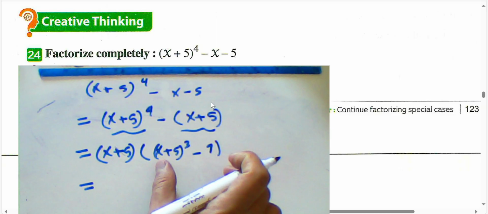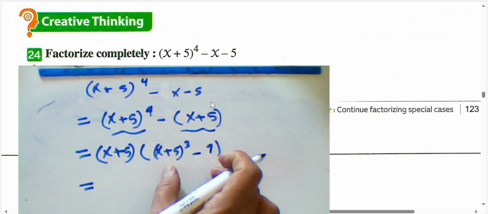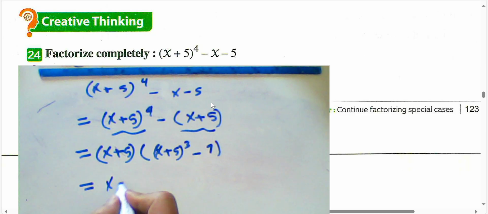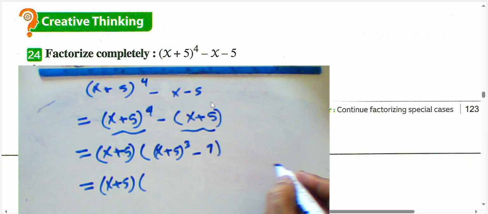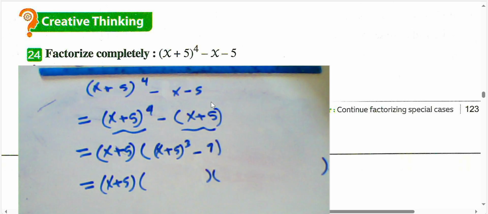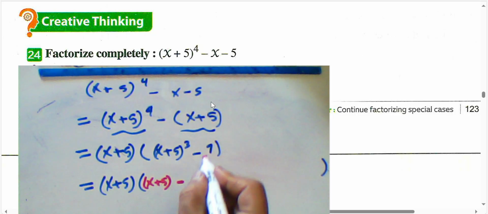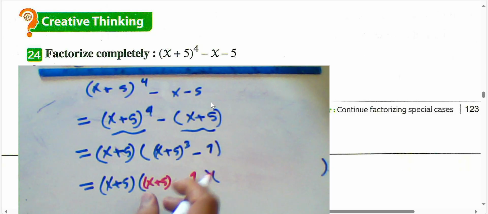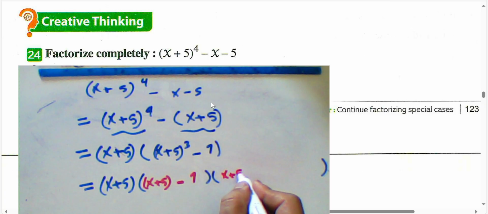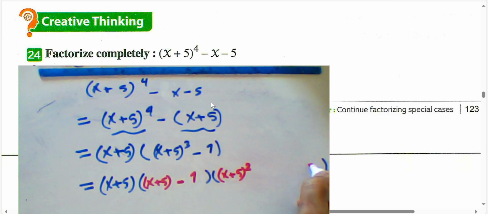And then you can factorize the expression. We have the difference between two cubes. You can write x plus 5 in brackets and open small brackets and greater brackets. Cube root of the first will be x plus 5, and cube root of negative 1 is negative 1. X plus 5 all power 2, negative 1 power 2 is 1.